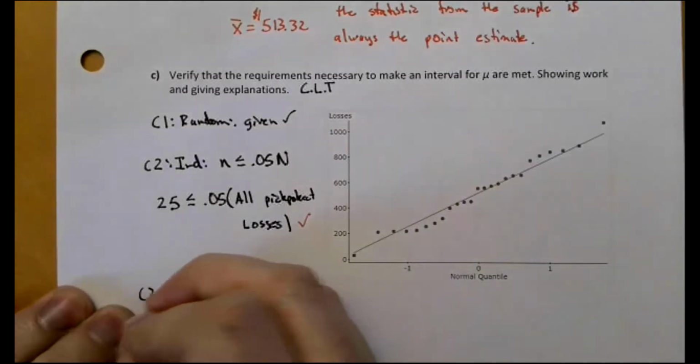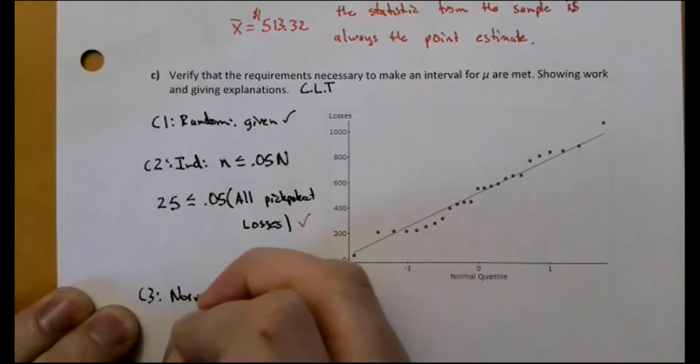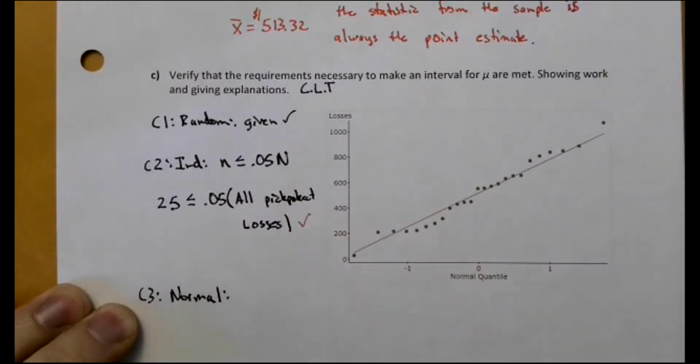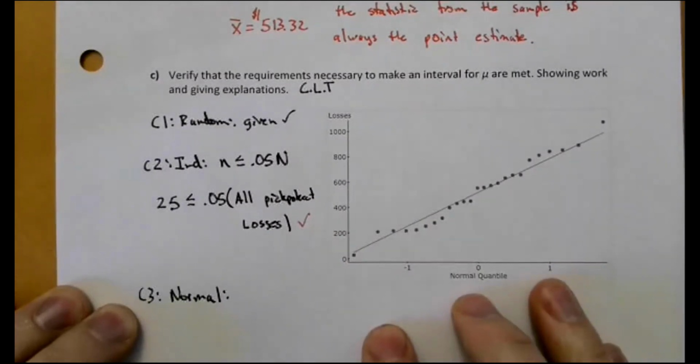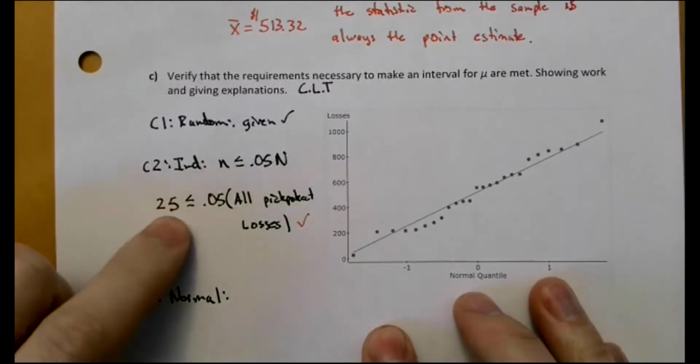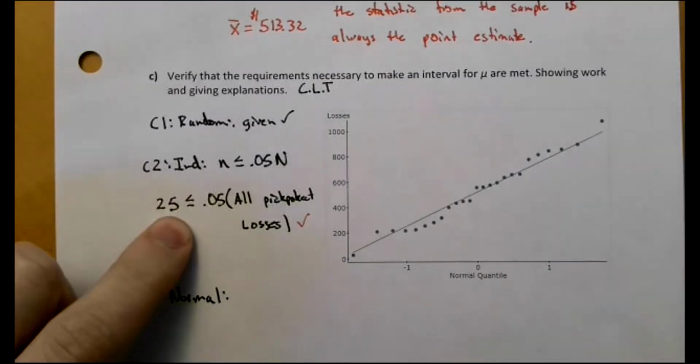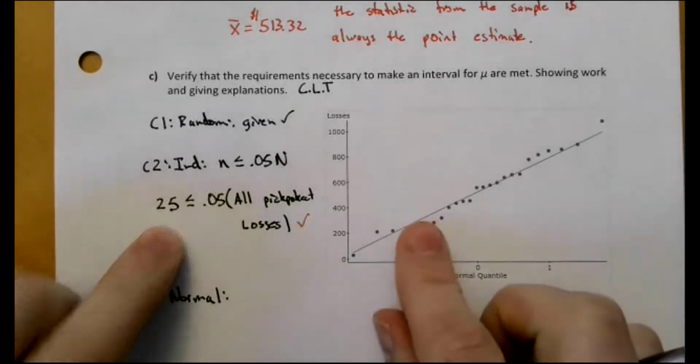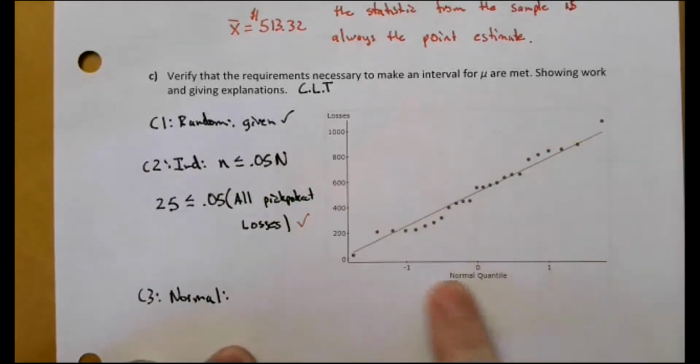And the final condition is normal. Now recall, to be normal, either the population itself had to be normal or our sample size had to be 30 or greater. Notice our sample size is not large enough to guarantee a normal distribution for the statistic. So this is sitting here, and this is a normal probability plot.